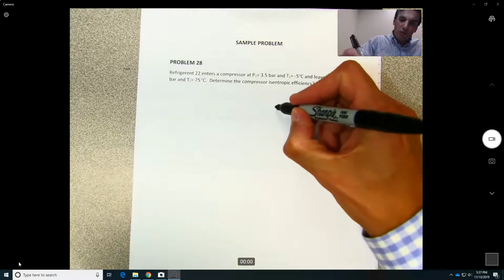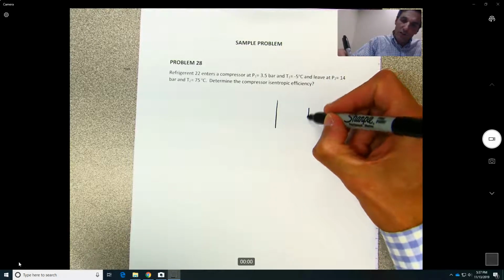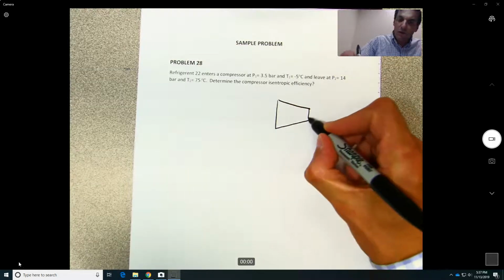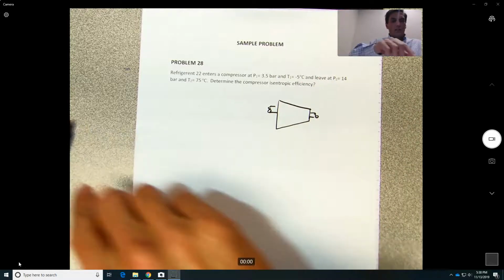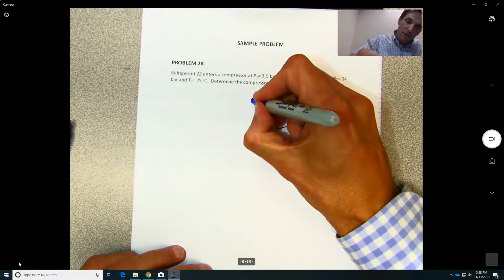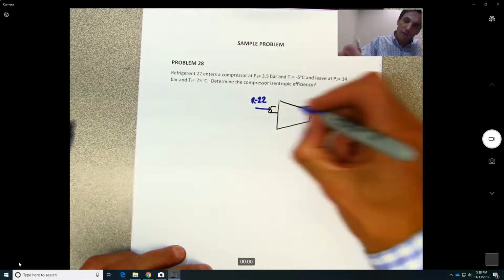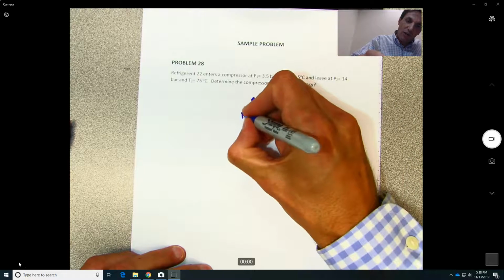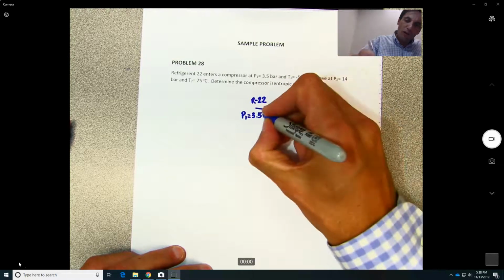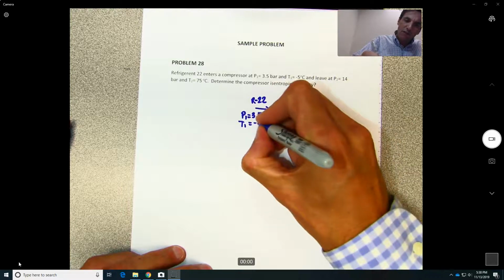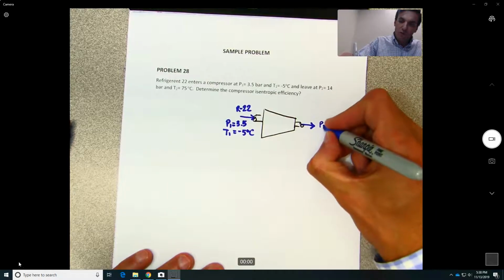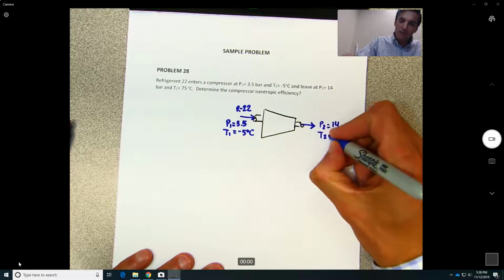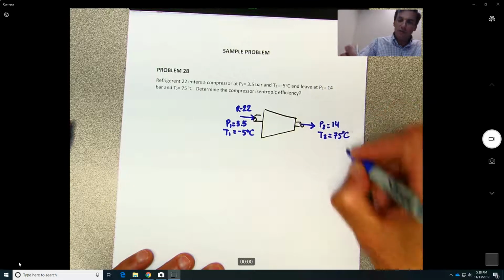Okay, so if we first do a sketch for the compressor, so let's say over here we have refrigerant 22, and we know that initially it will be at 3.5 bars and a temperature of -5 degrees Celsius, and will be leaving at P2 equal 14 bars and a temperature of 75 degrees Celsius.